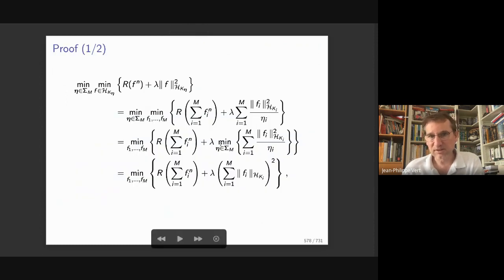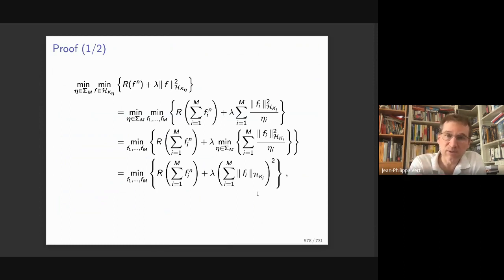It's a fact that the minimization over the simplex of the sum of ||f_i|| squared over eta_i is equal, you can do it explicitly, to the sum of the norms of f_i without square, and then you put a square on the sum. So in a sense, you can explicitly and by hand, and I will show it in the next slide, minimize over eta.